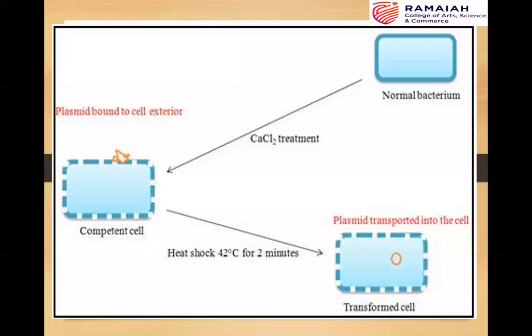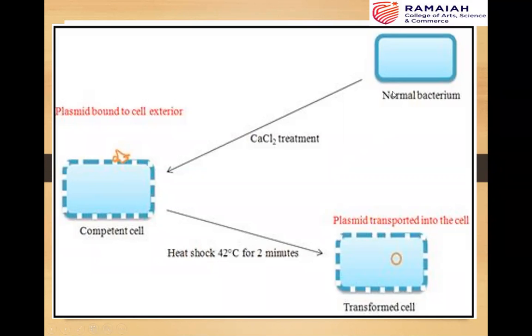We are discussing bacterial transformation methods. Here the normal bacterium which is to be transformed, as we discussed, the first method is the calcium chloride method. In this method, the cells are treated with calcium chloride. When the cells are treated with calcium chloride, the cell walls become permeable for the entry of external DNA. So you have the plasmid here in the external environment.